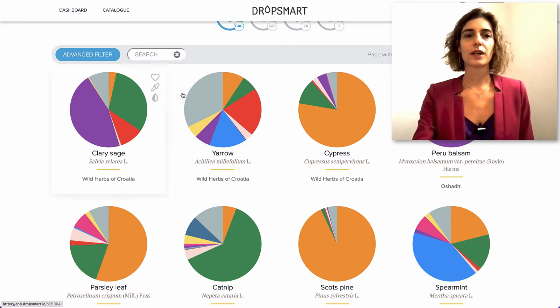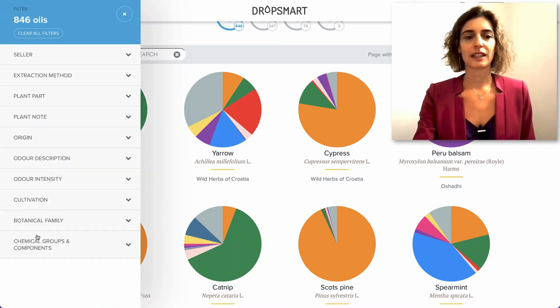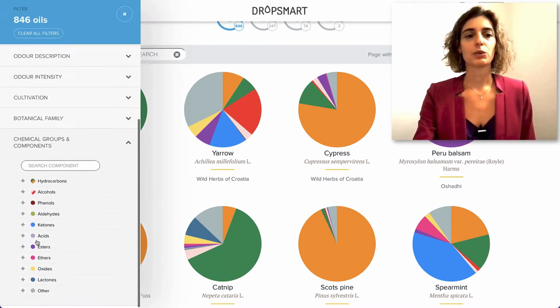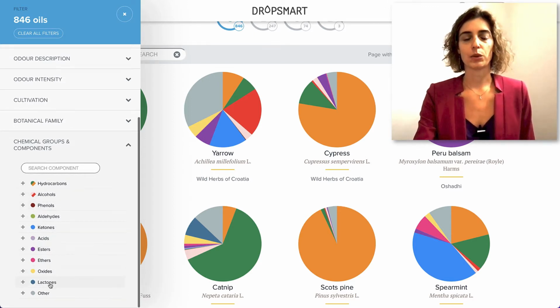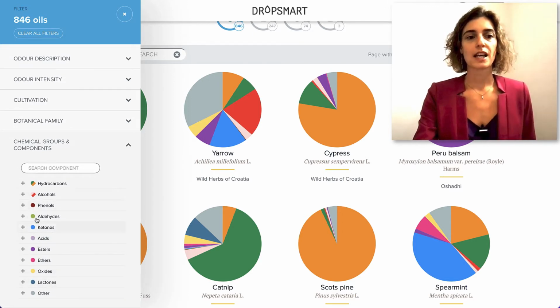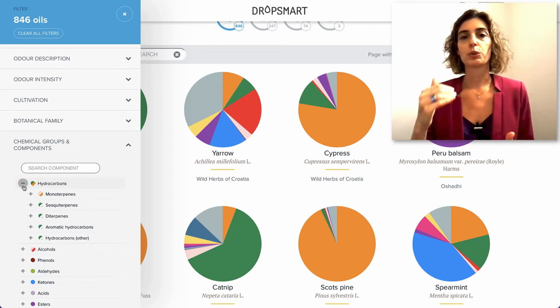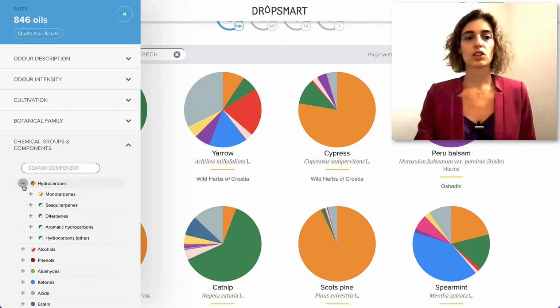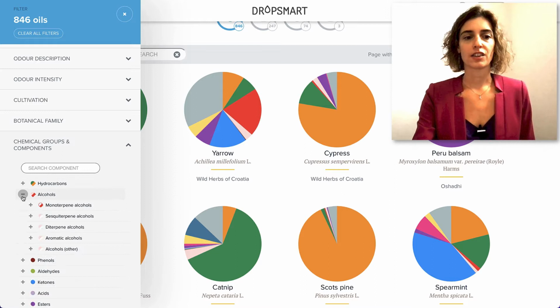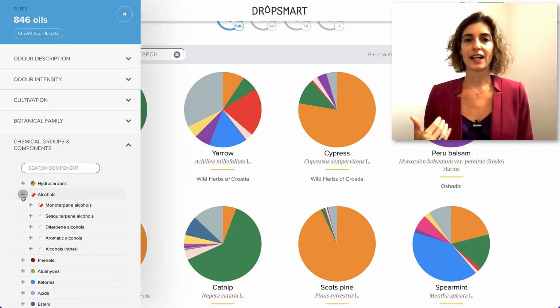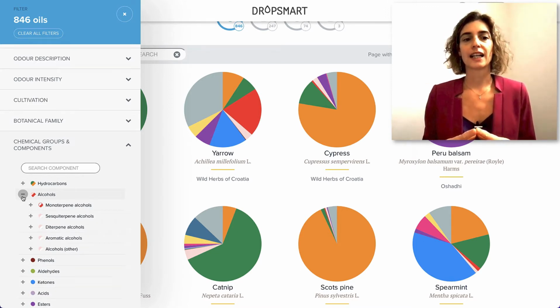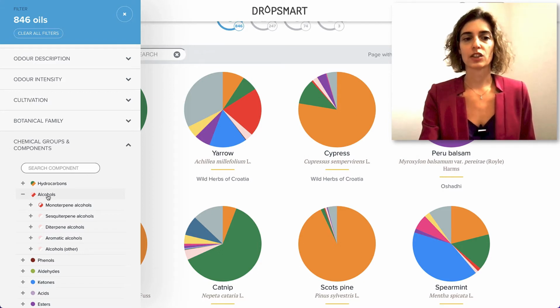So if we go to advanced filter, here with the chemical groups and components, you will see all the groups that we have available. So these are the major groups, but if you click on the plus sign, you will see the subgroups. So all of them are created like that. And the reason for that is because we are looking at a functional group here. So alcohols are a functional group, phenols, aldehydes, ketones, and so on.